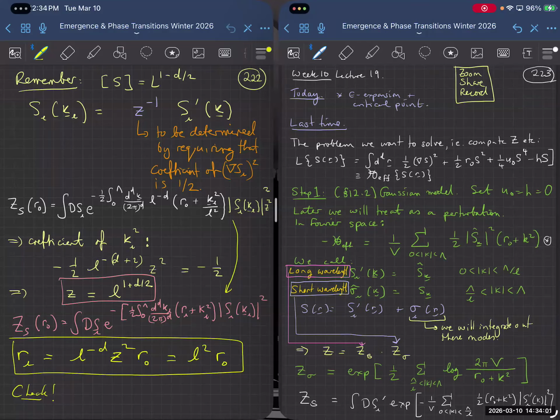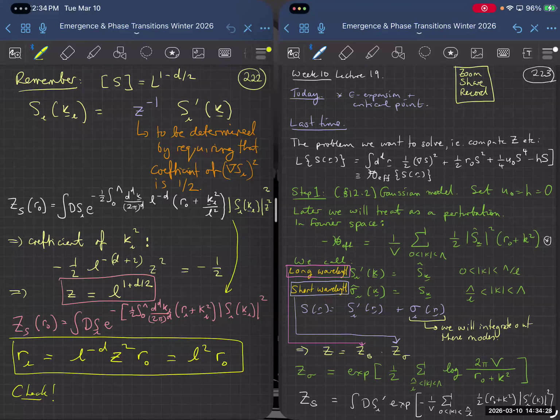The long wavelength degrees of freedom are between 0 and lambda over L. The short wavelength degrees of freedom are between lambda over L and lambda. So lambda over L less than k less than lambda is looking at the short wavelength degrees of freedom, which is like looking inside a block spin in our real space picture.